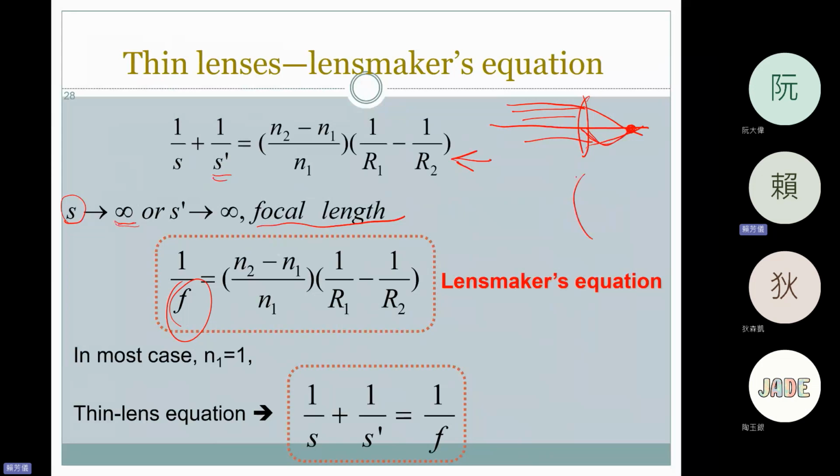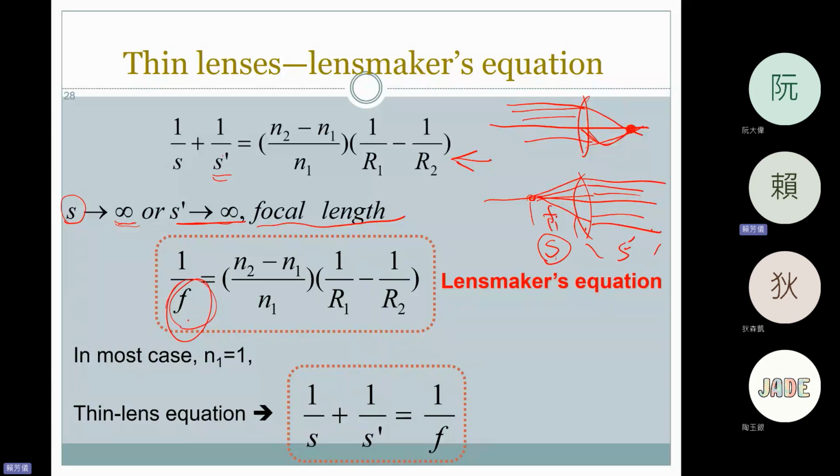Or we say that the light emitted from the F will become a parallel one. That means this is the object distance, and this is the image distance. And now the image distance is infinity, and S will become F.